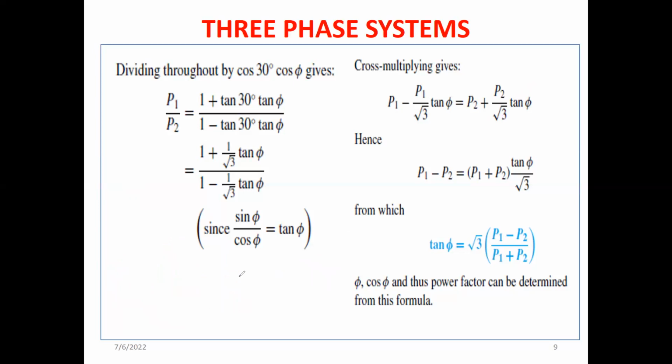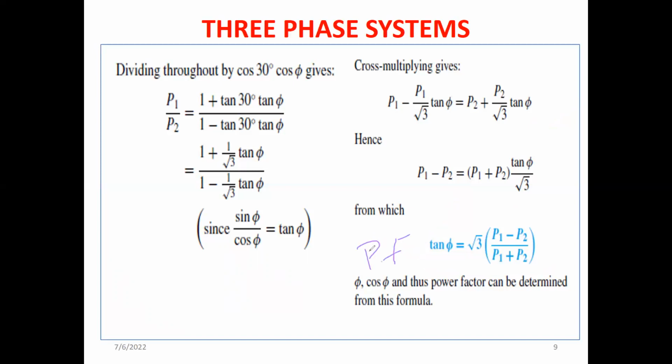So P1 minus P2, you rearrange this equation, and P1 minus P2 is the same as this one. From which tan phi, the formula that we use to find the power factor, is the same as root 3, P1 minus P2 over P1 plus P2. That is how you find the power factor.